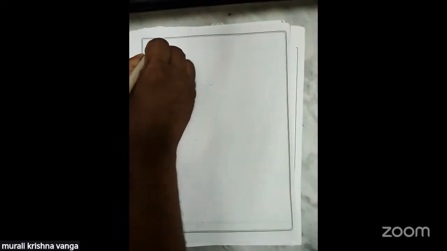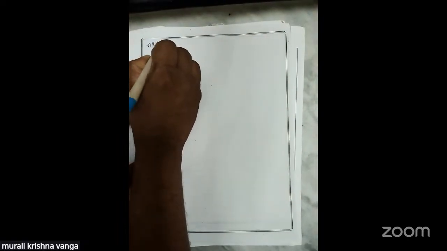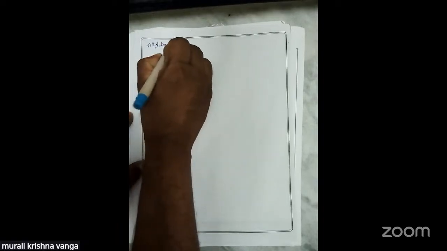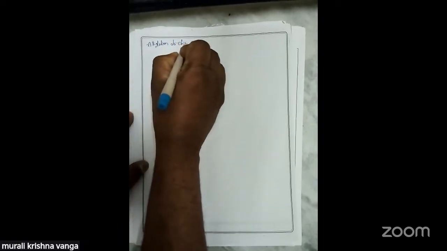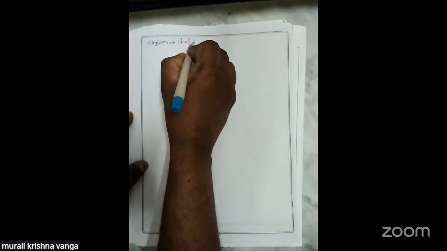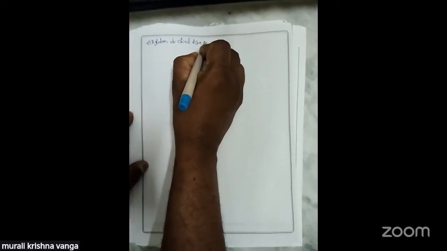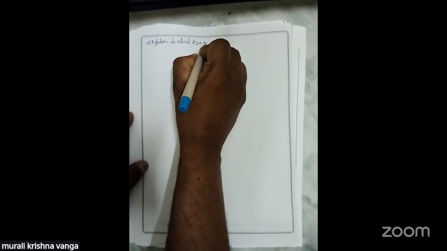Next one is alkylation of chiral enolates.